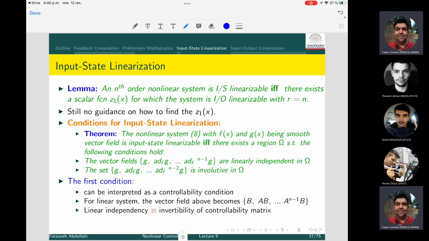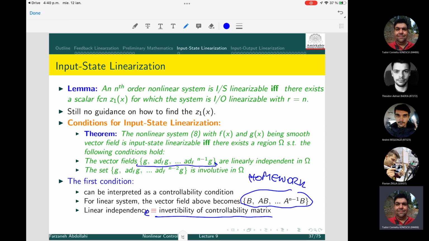For a linear system, the vector field above becomes this. You can try to do this as a homework. Try to apply these conditions to a linear system A, B, C. And the linear independence in the second condition is equivalent to the invertibility of the controllability matrix, because this is a single input, single output system, and the controllability matrix is square.